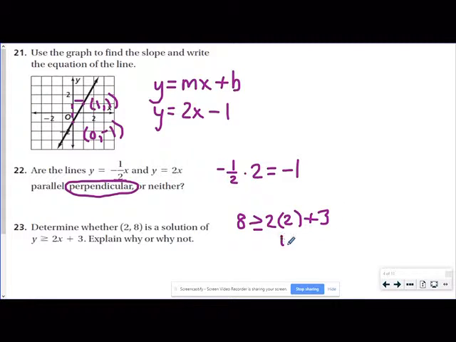So 2 times 2 is 4 plus 3. So 8 is greater than or equal to 4 plus 3. 8 greater than or equal to 7. That is a true statement. And so it is a solution. And my explanation is my work, so I don't have to actually use words if I don't want to.